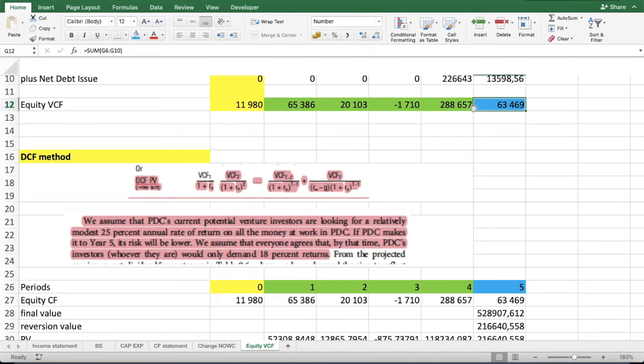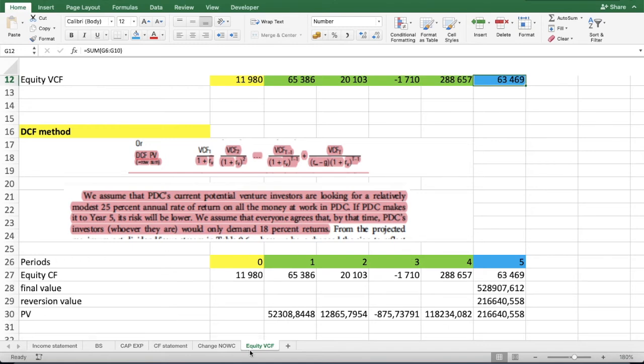So once we have reached the beginning of year 5, the investors will consider that the firm is less risky, and because it is less risky, they will ask for less return. Instead of 25% for year 1 until year 4, they will ask for 18%. The growth rate by the end of year 5 is also equal to 6%.